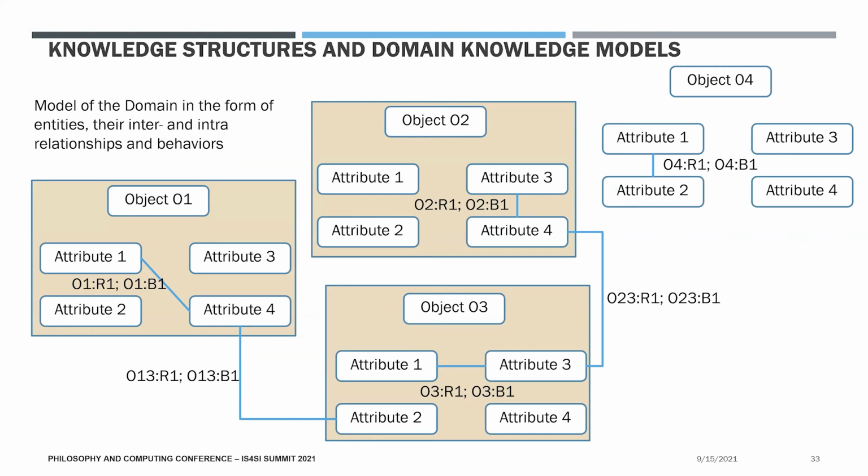So these CRUD operations on attribute 1 immediately execute a communication to attribute 4, and attribute 4 has behaviors that this communication will fire up. This is essentially like neurons getting fired when you get a new signal. This allows us to propagate communication signals and then use those signals to propagate the behaviors. So attribute 1 here may affect attribute 4, and that may affect attribute 2 in object 3, and so on and so forth.